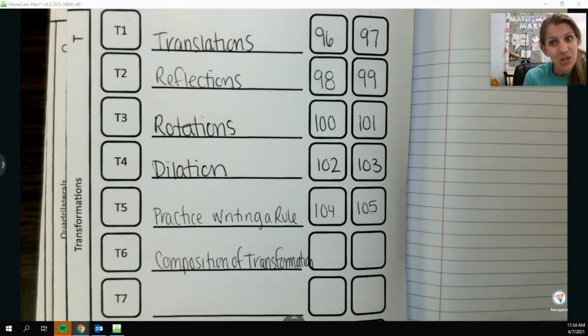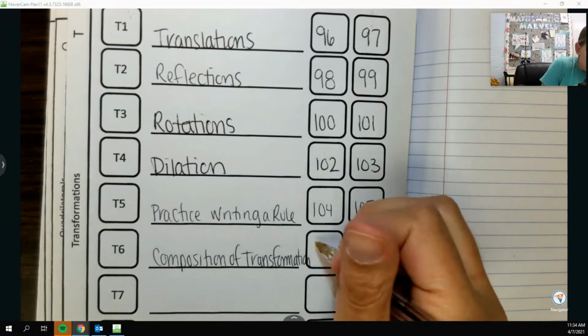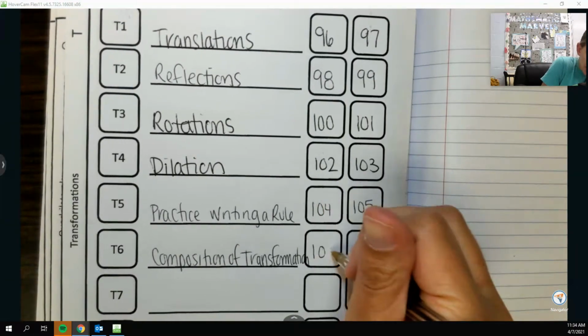However, if I do any sort of transformation, including a dilation, then I've created a similarity transformation because my new shape is similar. It's scaled up by a certain amount or scaled down by a certain amount. Those are super fun, but they're also a little bit redundant.